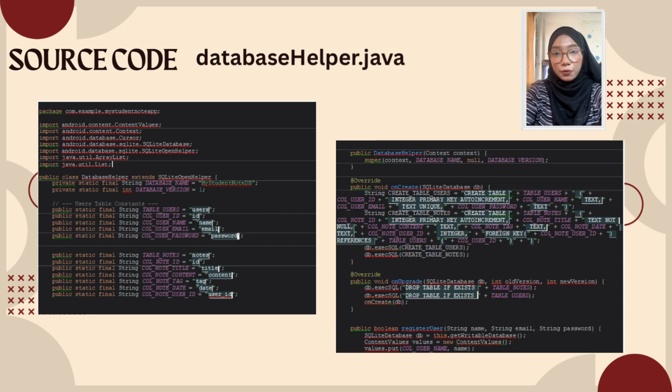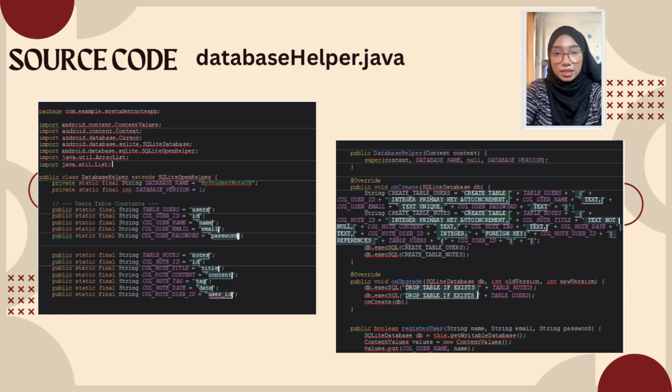Next, we move into the source code, specifically looking at DatabaseHelper.java. This class is responsible for data management in our My Student Note app. We are using SQLite for local storage, which means the notes are saved directly on the user's phone.